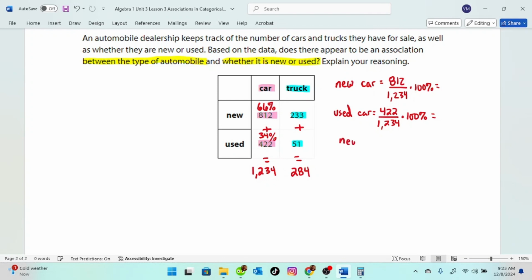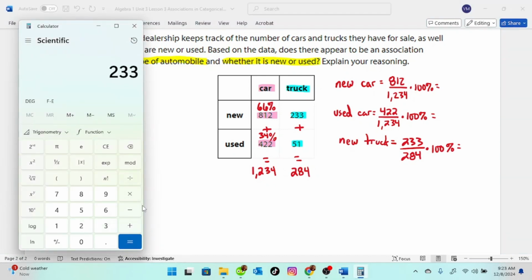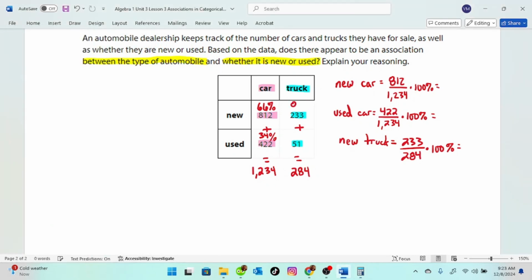So, new truck is 233 divided by 284 times 100%. This gives us an 82% chance that if it's a truck, it's going to be new.